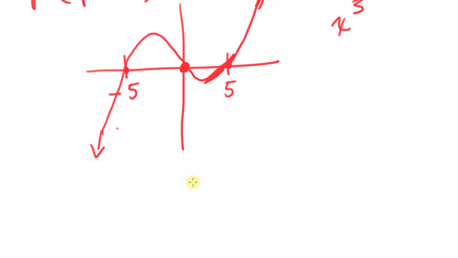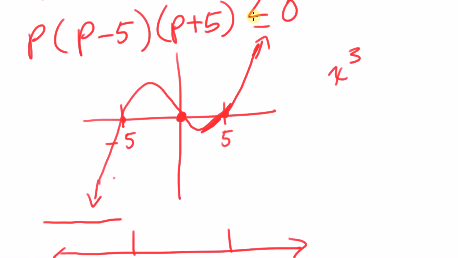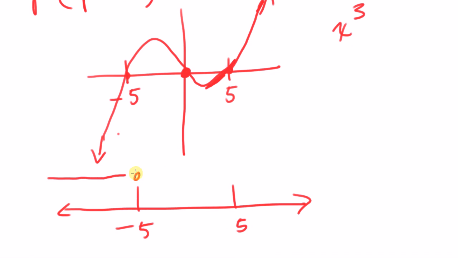And this is very similar to the one that we've already done. So when I graph this, it's going to be negative 5, positive 5, and from negative infinity, notice that it says less than or equal to, so these values are okay.